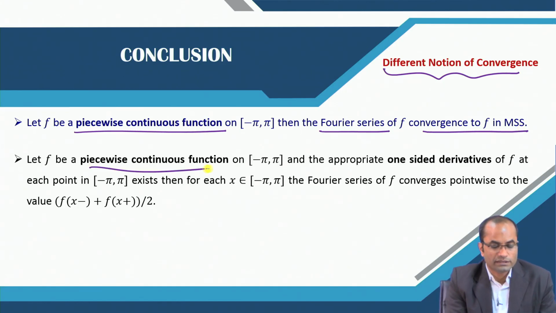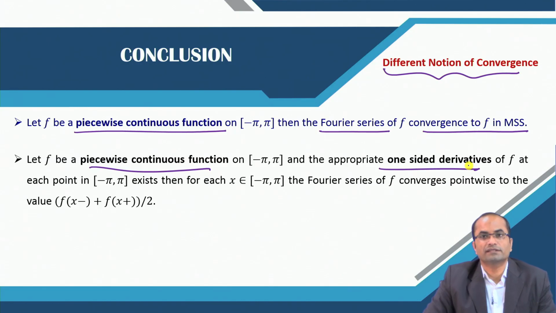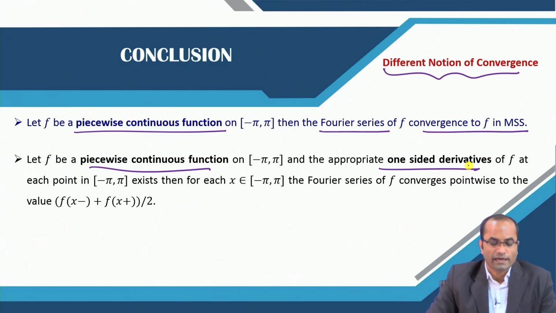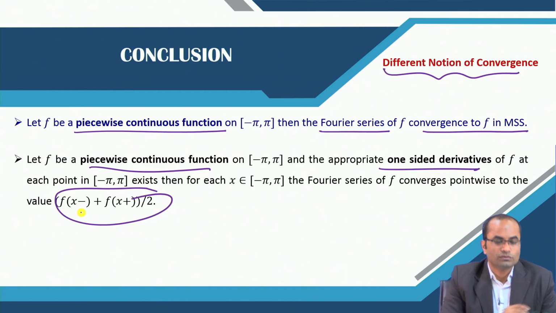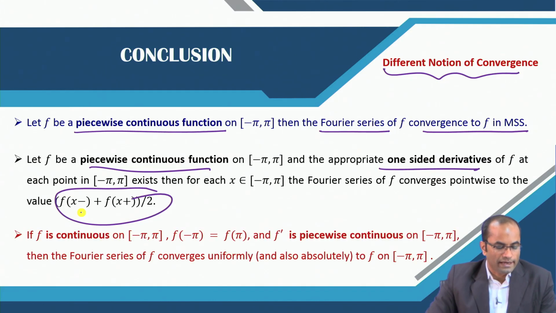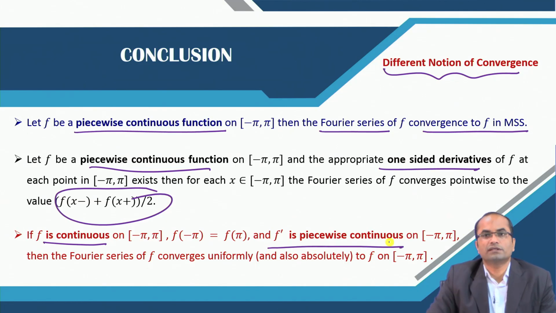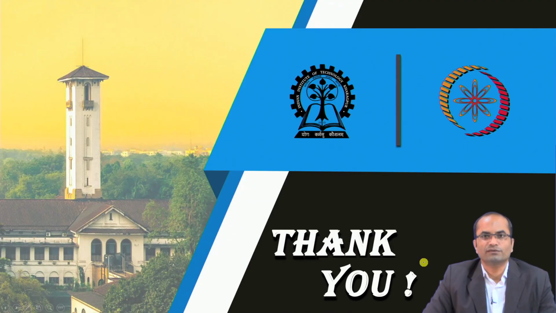If f is piecewise continuous and one-sided derivatives exist, this is the Dirichlet theorem, and the Fourier series converges to the average value. And if f is continuous and f prime is piecewise continuous, then the Fourier series converges uniformly on the interval minus pi to pi. So, that is all on convergence in this lecture, and I thank you for your attention.